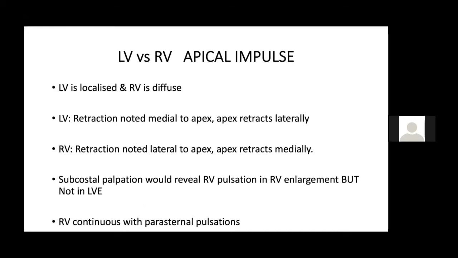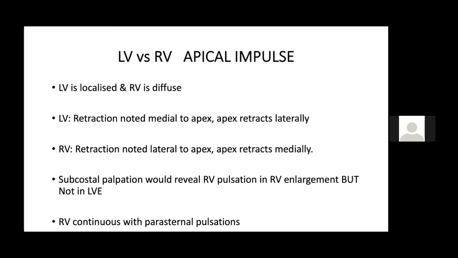So if you are finding an apex in the fifth intercostal space in a normal size individual, it can still be an LV apex, but ideally an LV apex should be down and out. But an LV apex is usually localized. So in cases with aortic stenosis or hypertrophic cardiomyopathy, where you find the apex in the same position, you should not tell what type of apex it is.